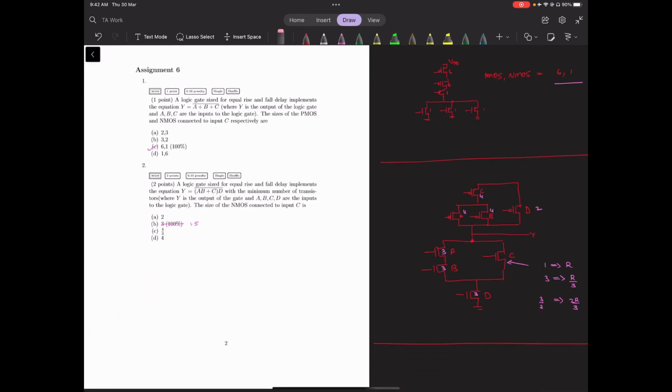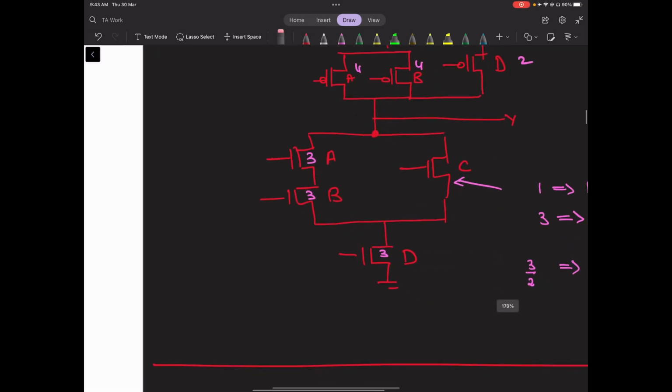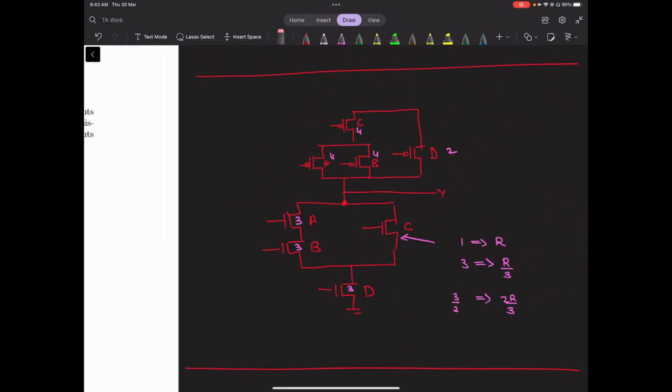The next question is the same thing, except the equation is different: (AB plus C times D) the whole bar. This is the gate sizing diagram. I have also shown the PMOS sizes, and you can see that the size for C has to be determined in such a way that we have a resistance of 2R by 3. Why?